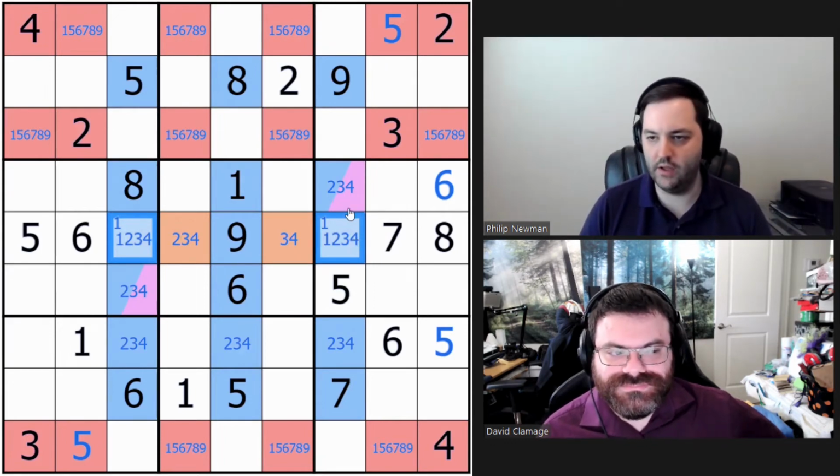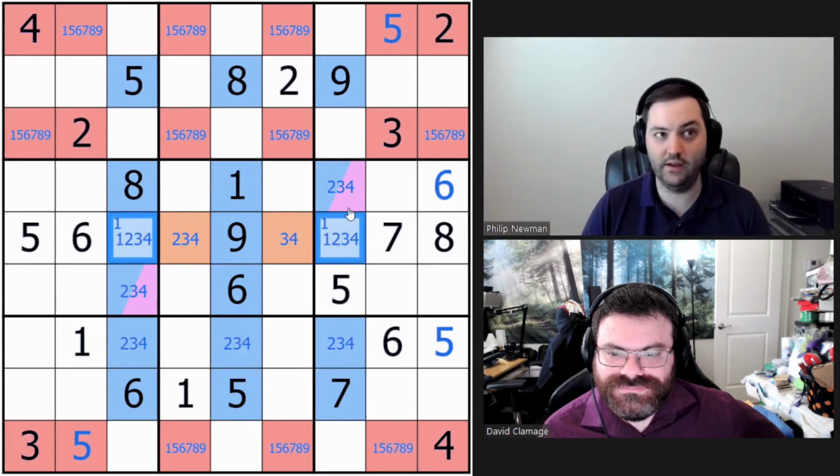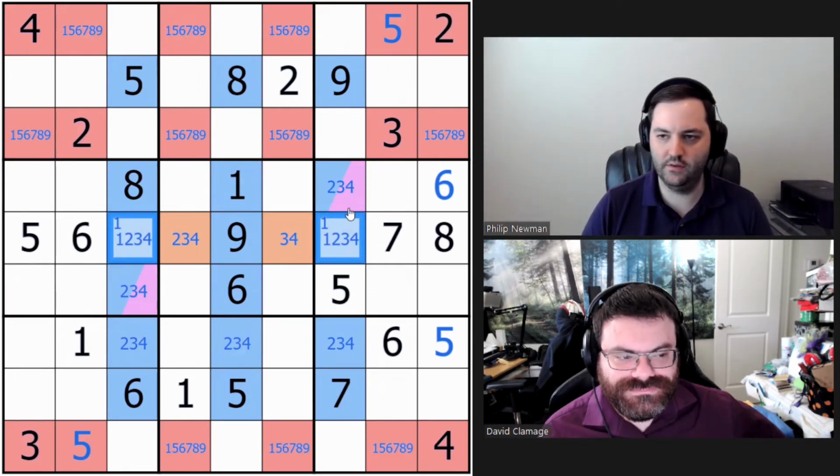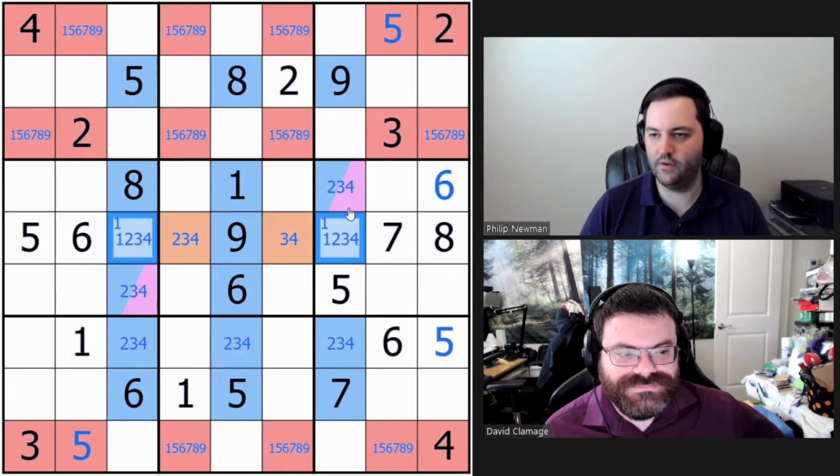You can have more complicated logic too. I've seen a case where it was an MSLS that I was looking at, and I was trying to find the equivalent set, and it turned out that the simplest way to look at it was there was some sort of chain, maybe like a skyscraper sort of chain on 3s, where one of these 2 cells has to be a 3.